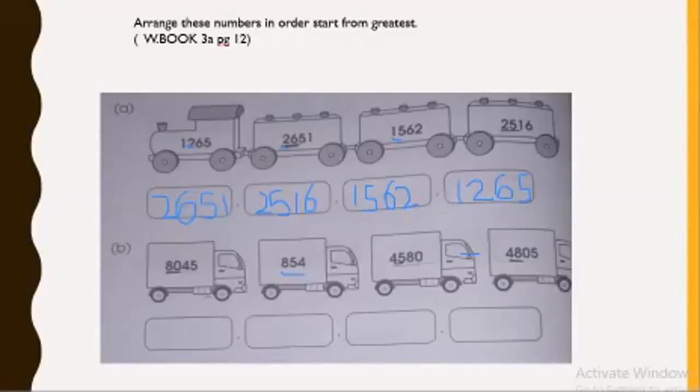Let's read the third value, 4,580, 4,805. So let's check the first place value, 8. This is the smallest value. I told you there are no thousands in it. 4, 4. So which is the biggest value in it? This one. Yeah. So you are going to mention it at the first place, that is 8,045.